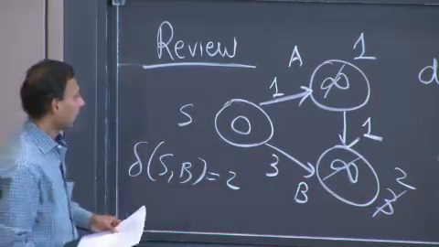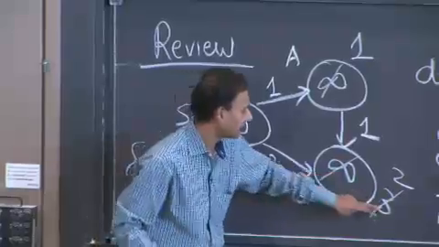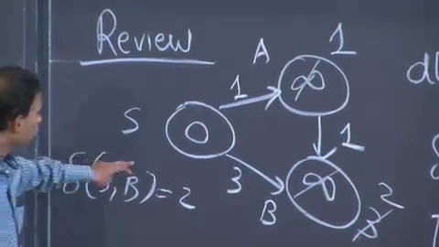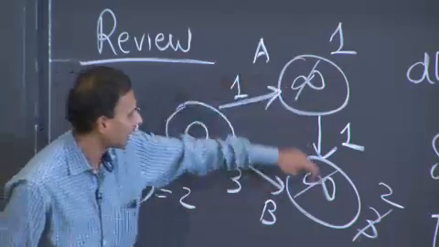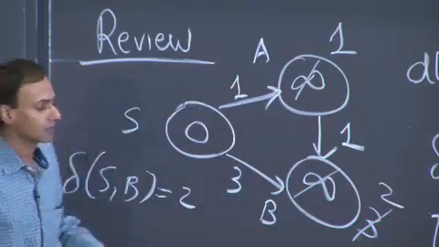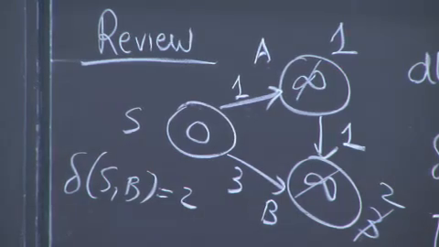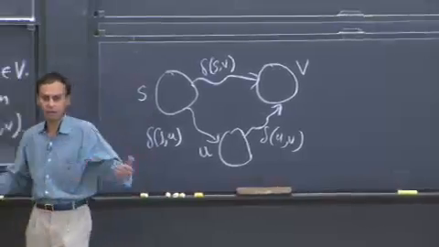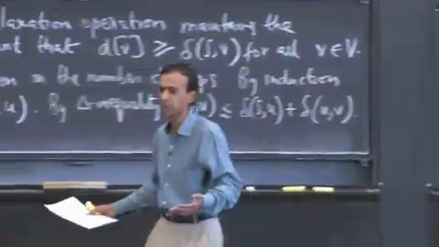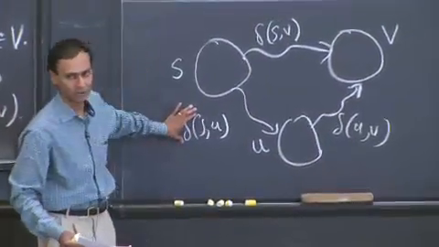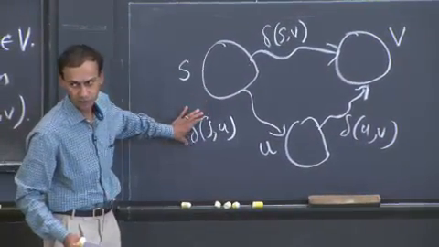Okay? Initially, I may be starting out with infinity and 3 for the d values, but the delta value, which is the shortest way of getting to B, happens to go through A. And so if you use that, then the triangle inequality makes sense. So don't get confused when you see pictures like this, where the weights don't obey the triangle inequality. The triangle inequality has to do with the shortest paths, not the single edge weights. Okay?